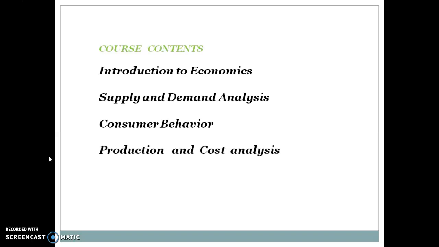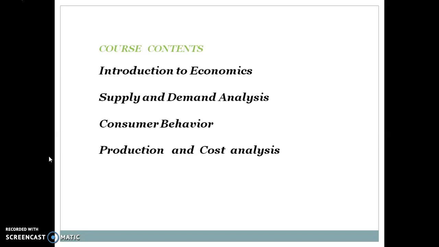A very integral part of this course is undoubtedly the production and cost analysis. We start by defining the production function and the different concepts in production like marginal product, average product, etc. And also, very importantly, how a firm or a producer reaches an equilibrium subject to his constraints of cost.